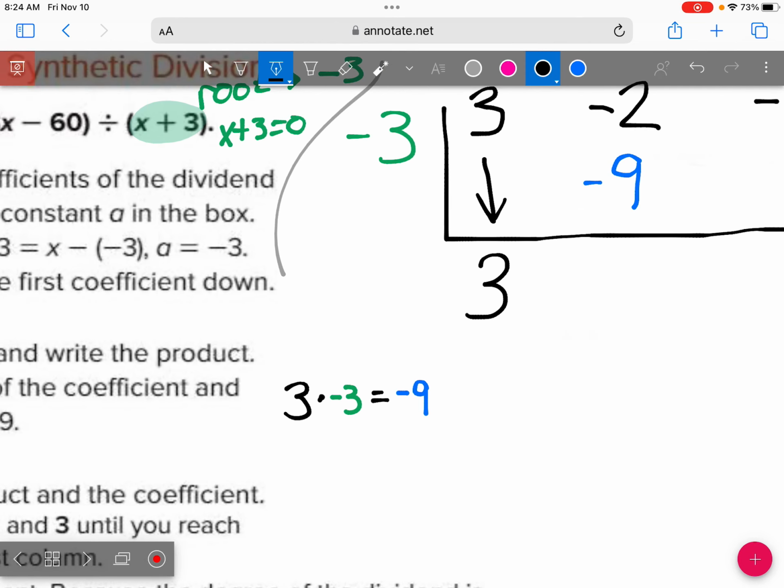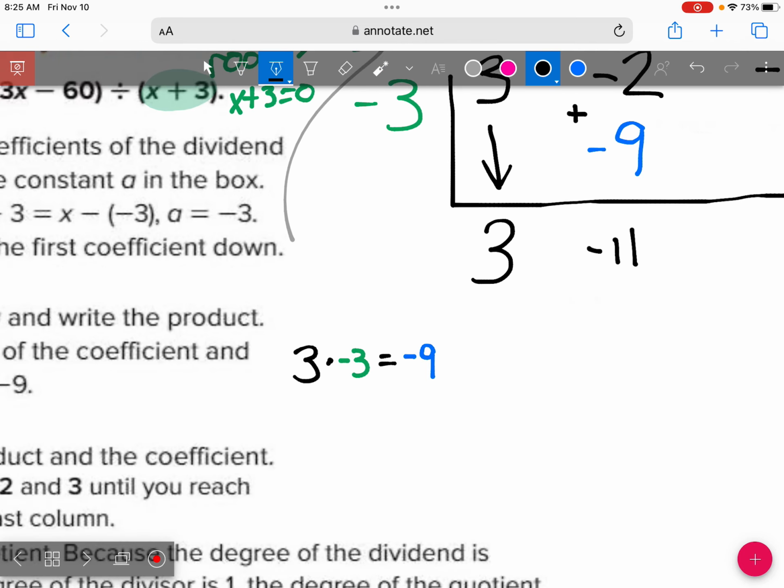And here's where we love synthetic more than long division: -2 plus -9, we don't have to play sign games. -2 plus -9 is -11. That would have been one entire long division cycle to get there. And then we do that again.